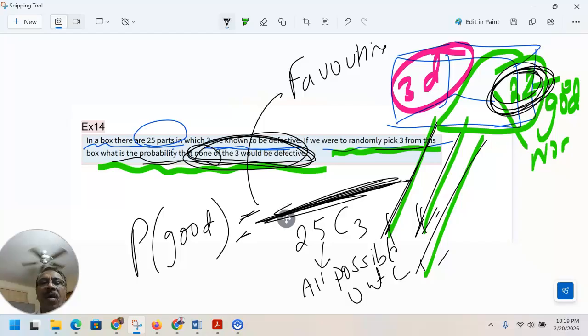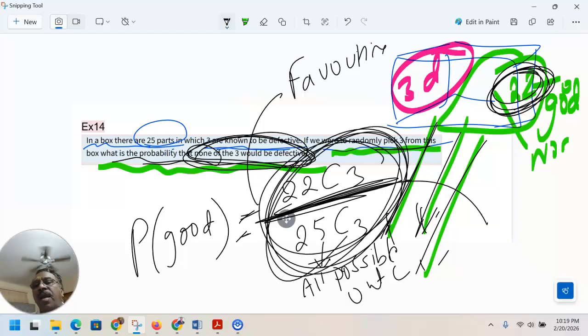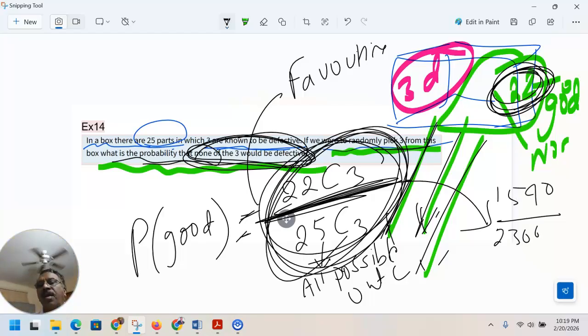So that means from 22, you are picking 3. See, this is how beautiful maths is. If you can understand this, you don't even have to show the steps. If you work this out, this will be your 1540 over 2300. Put it on the calculator and you can find the decimal, of course. So that was about this.